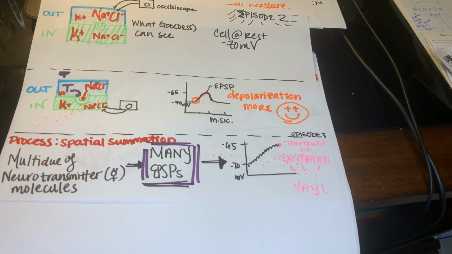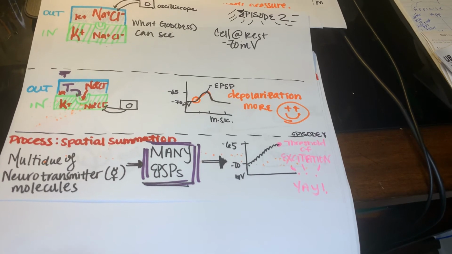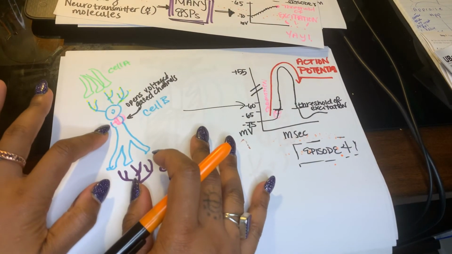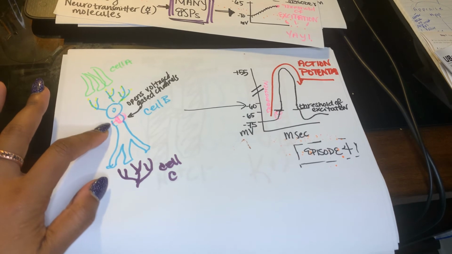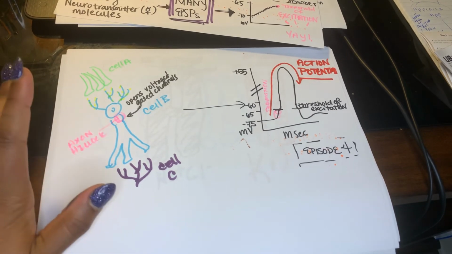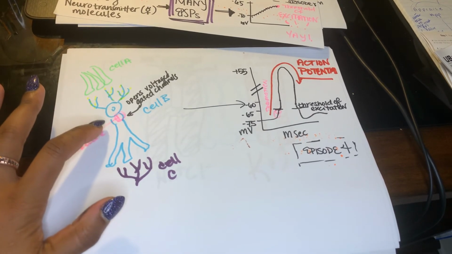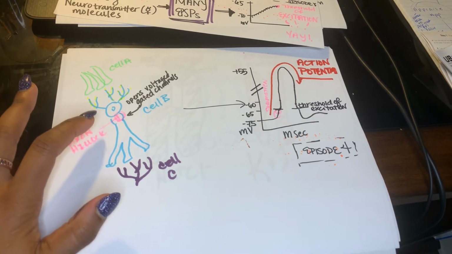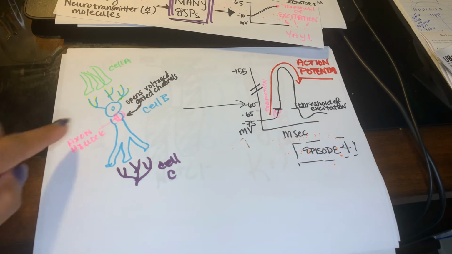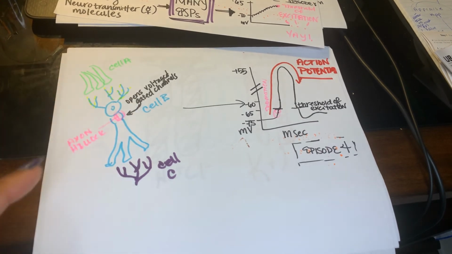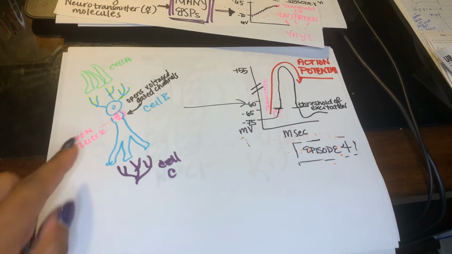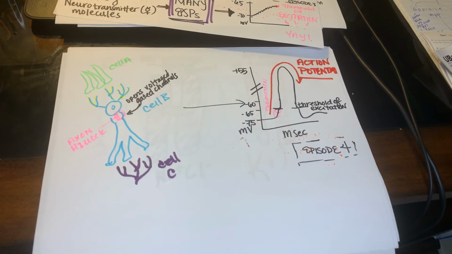The location of the receptors that cause the threshold of excitation are located at the axon hillock of cell B. The axon hillock collects the summation of all the small electrical potentials, which causes an opening of the voltage gated sodium channels.